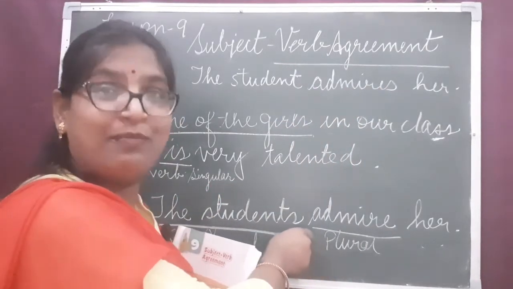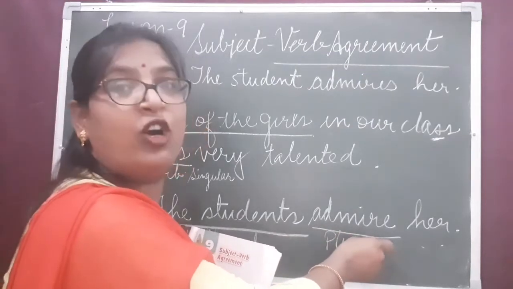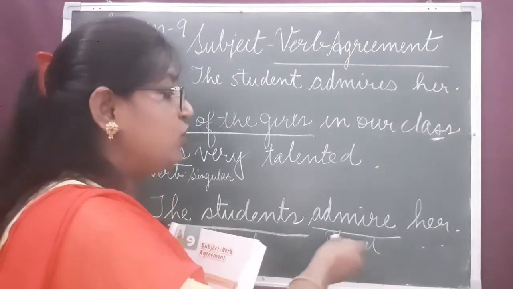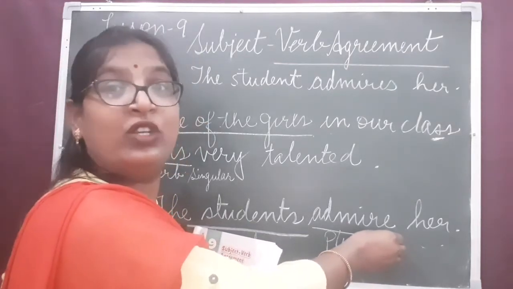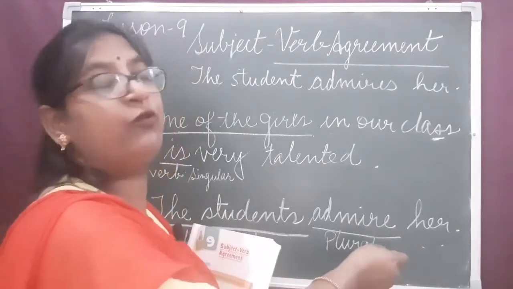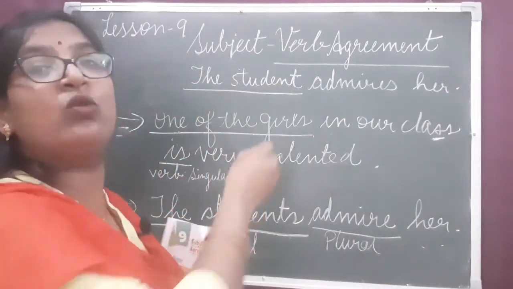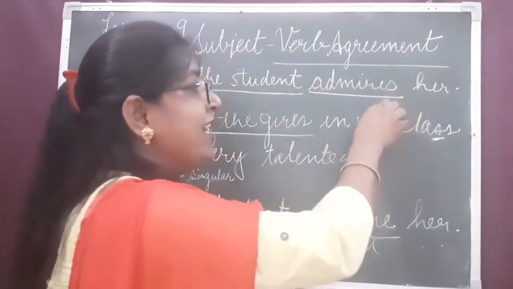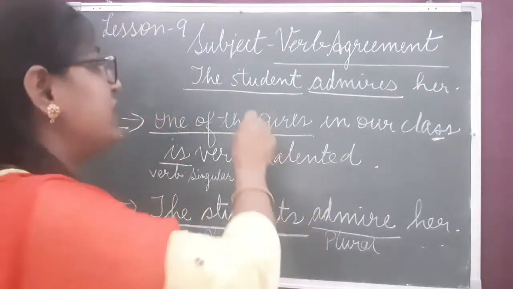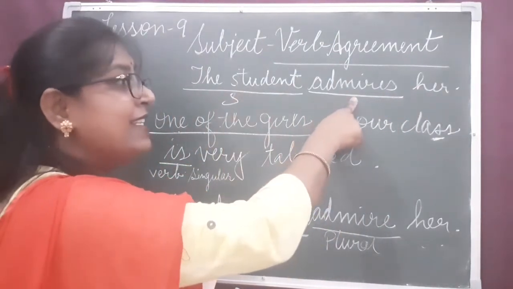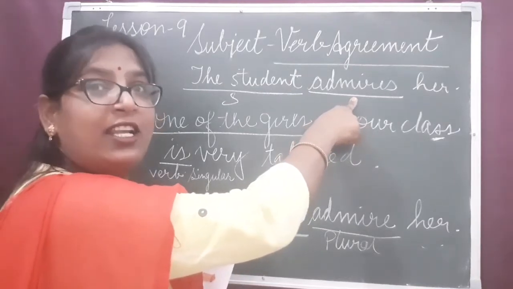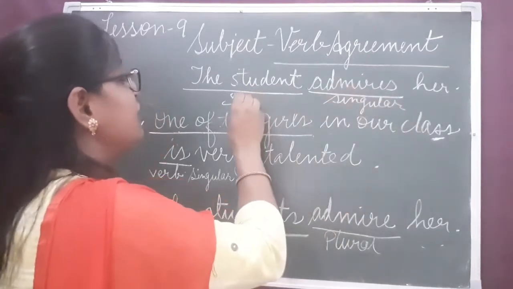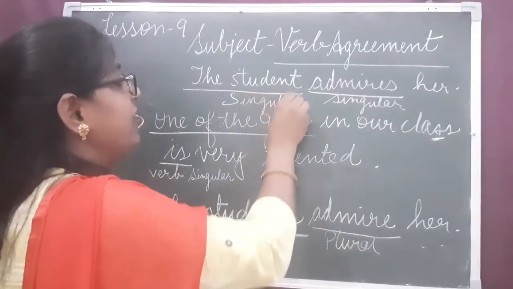Because when the subject is plural, we use the plural form of the verb. And in simple present tense, we do not carry S with it. We use base form of the verb, and that is the plural form. And when we talk about the singular subject, we add S with the verb. Adding S here doesn't mean it is plural in number. It is also singular in number, and the subject is also singular in number.